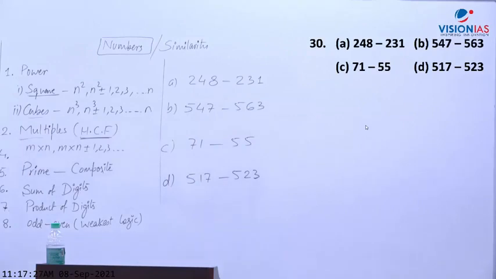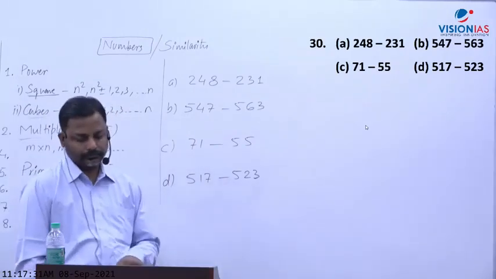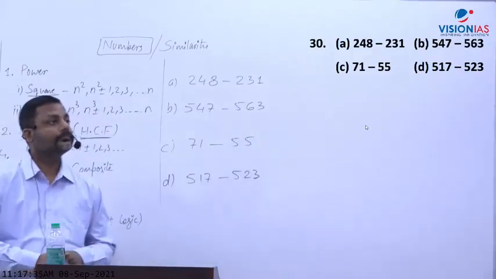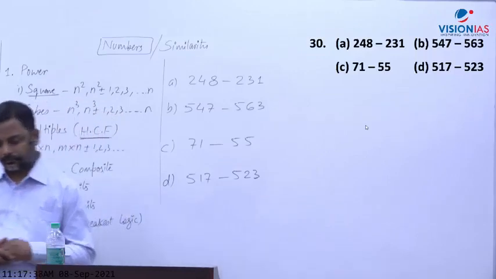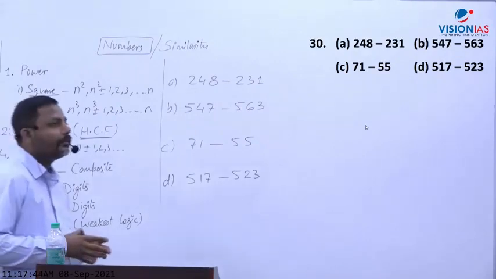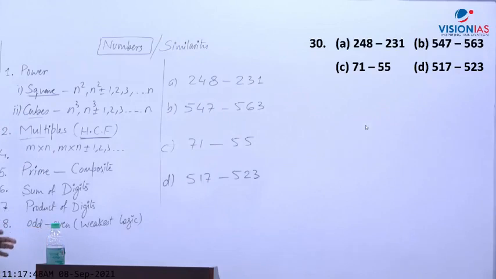So stick with this particular sequence. The first digit of both is the same. The first digit of both is the same. Okay.